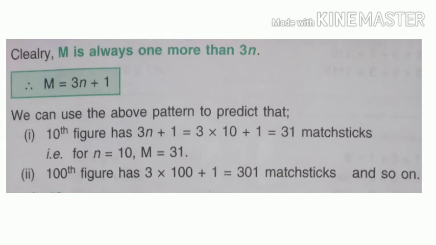So m equals 3n plus 1. By using this formula we can find for any figure number. This formula will vary according to the pattern of the matchsticks and what is the increase in the number of matchsticks for the next figure.